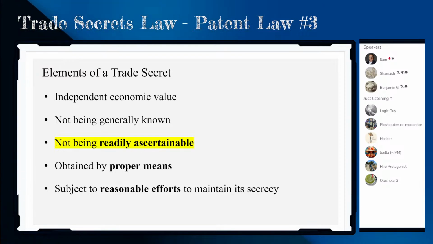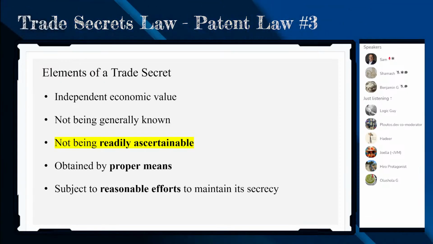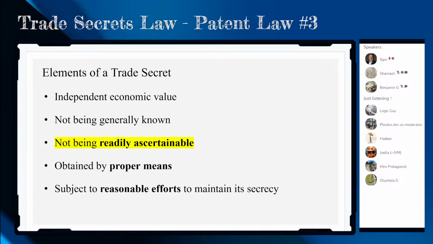You can have a whole bunch of different arguments on where the line should be drawn. Same thing with proper means and improper means. What do you mean by improper means? Does it mean illegal means? Can something be legal and still be improper? Can something be immoral but be proper? Then you get a lot of arguments there.